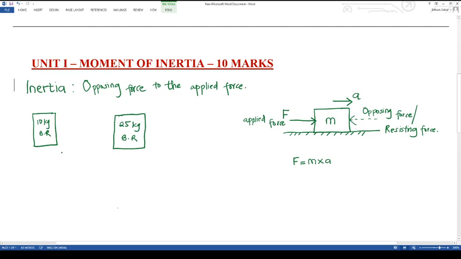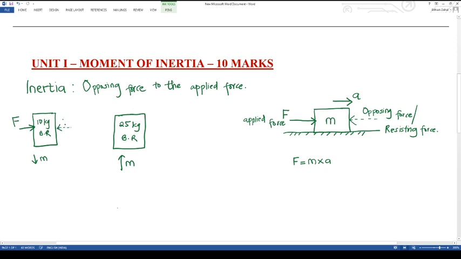Now, I'm comparing these two. From the diagram itself we can see that 10 kg has lesser mass as compared to the 25 kg bag. This 25 kg bag has more mass. Now I'll be applying a force here to move this bag, and equal and opposite force will be acting from here, right?